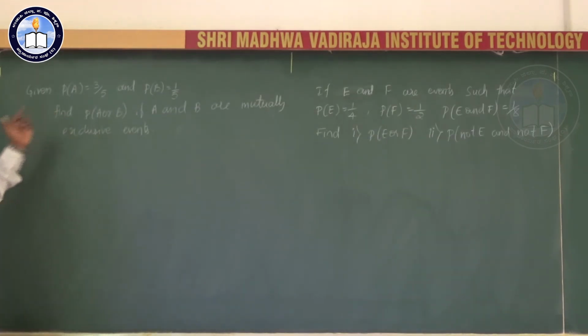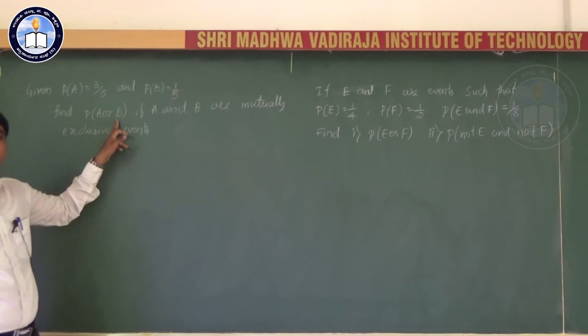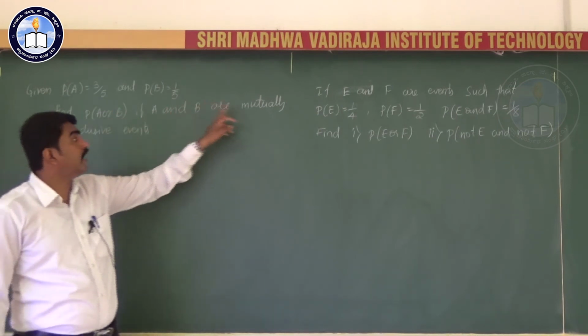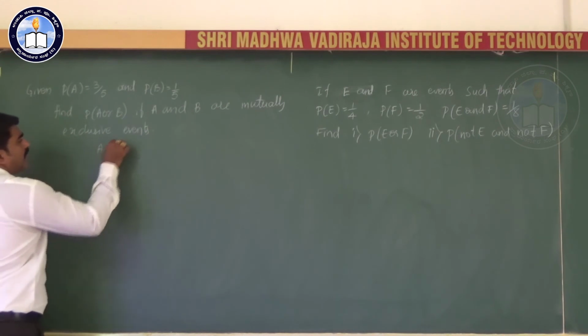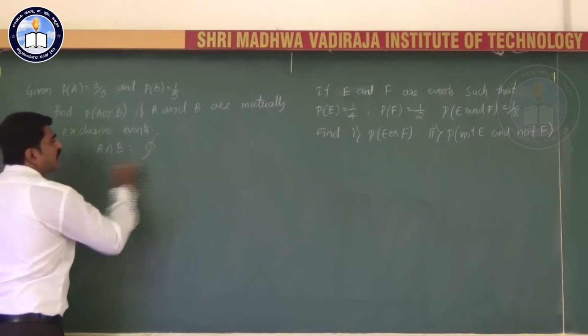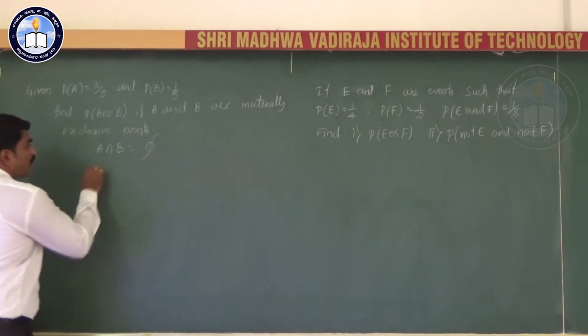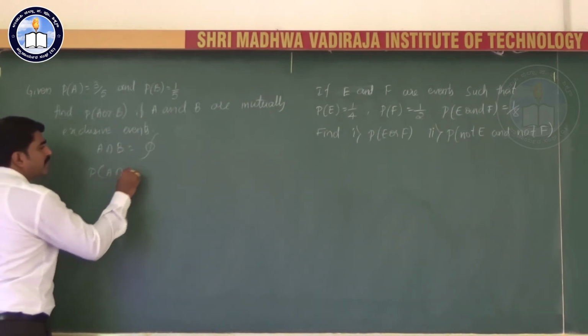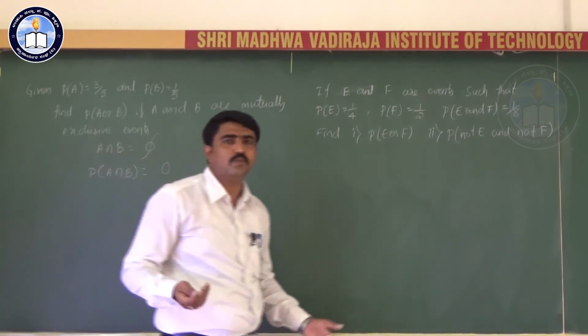Now take these examples. P of A is 3 by 5 and P of B is 1 by 5. Find P of A or B if A and B are mutually exclusive. I already told you that if A and B are mutually exclusive, then A intersection B should be the null set. Then the probability of A intersection B is definitely 0 because there are no elements.